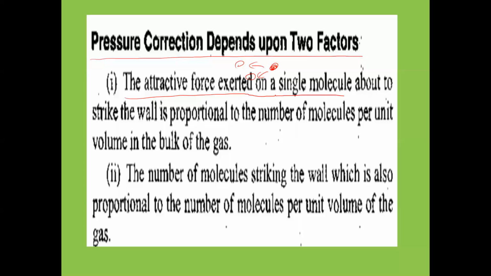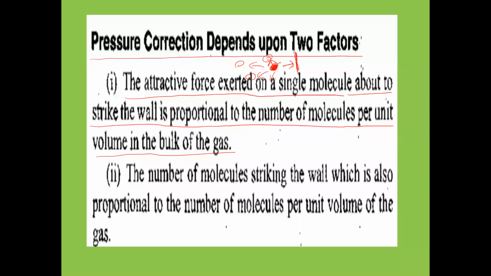The attractive force exerted on a single molecule about to strike the wall is proportional to the number of molecules per unit volume in the bulk of the gas. Suppose around this gas molecule, more molecules are surrounding it. Now the pressure exerted will be less.